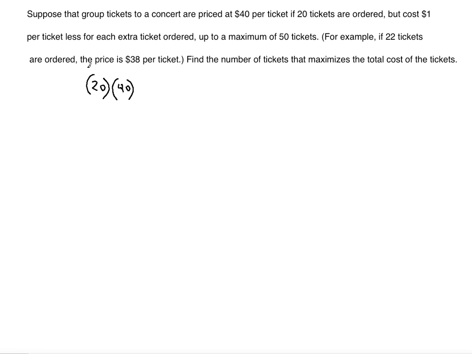So I'm going to label this number of tickets, cost per ticket. So if we have 20 plus 1 tickets, we will pay 40 minus 1 per ticket.